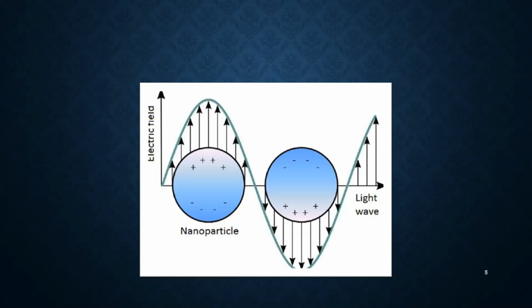Surface plasmons require lower energy than bulk plasmons, which essentially are longitudinal oscillations of the positive ion cores in an electron gas, also known as plasma.